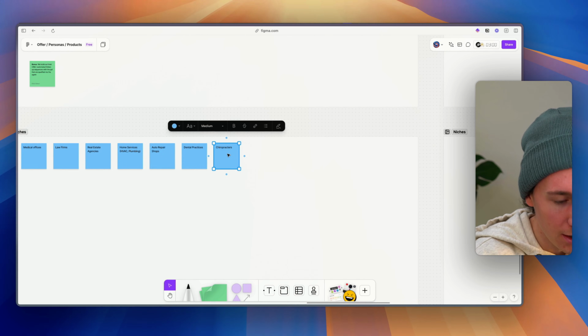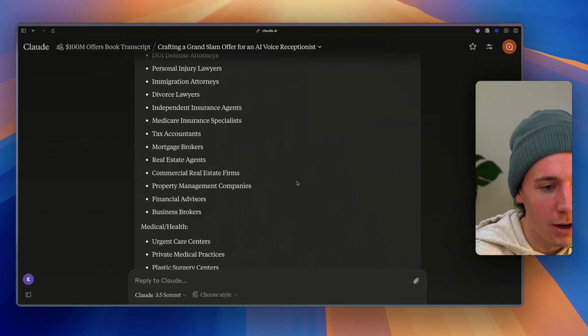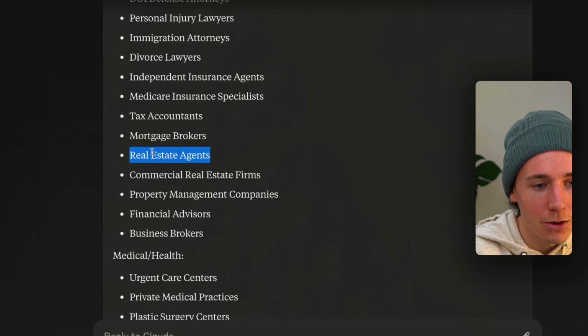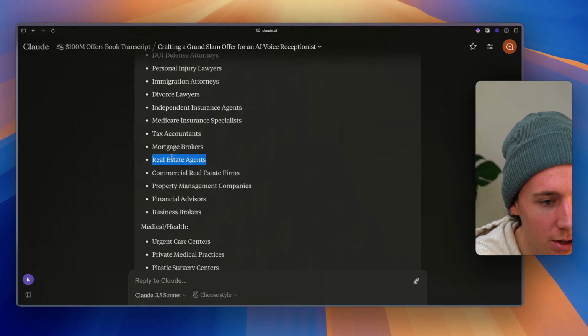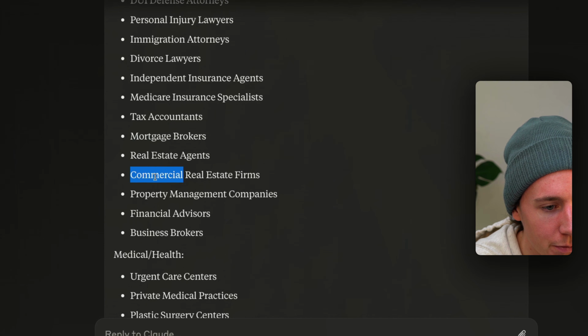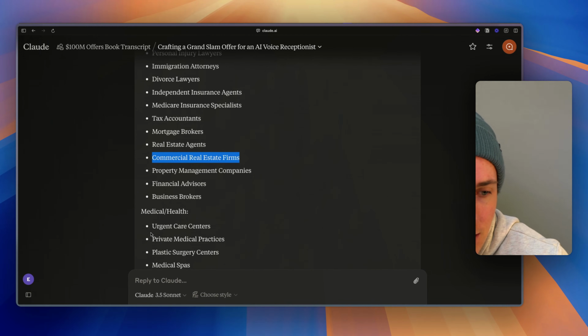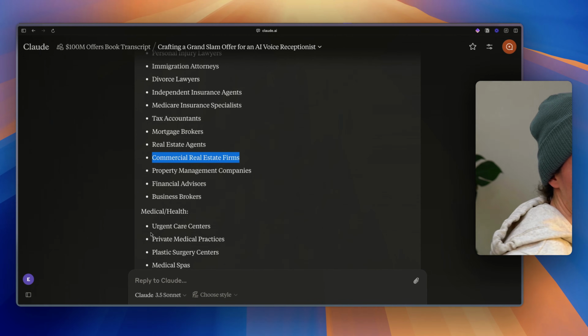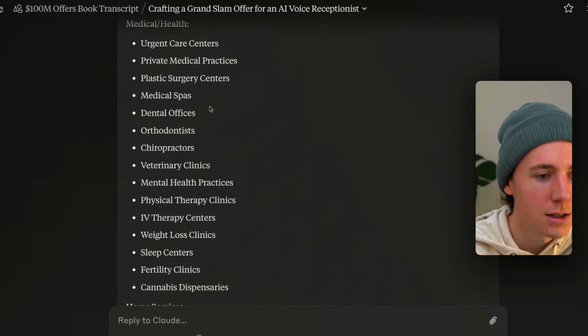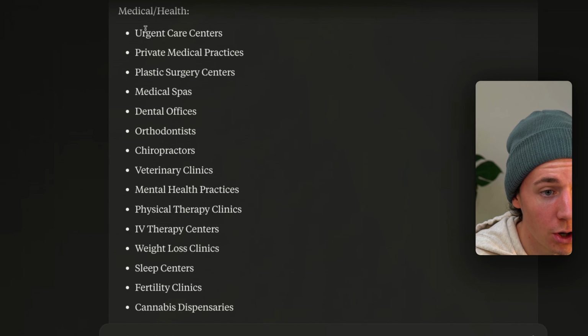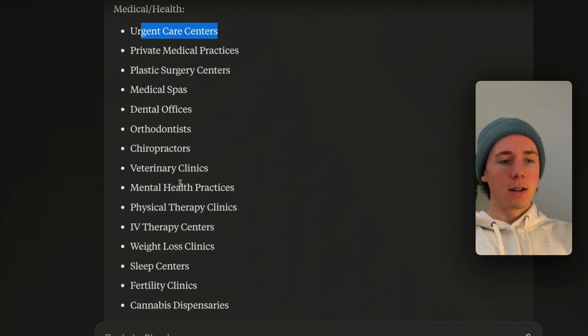And so I just want to think of as many different niches that we can target as possible. And then we'll start narrowing down and figuring out which ones are the best: real estate agents, commercial real estate companies, commercial management companies, urgent care centers. Definitely don't want to get into this. The really urgent, like urgent care, hell no.